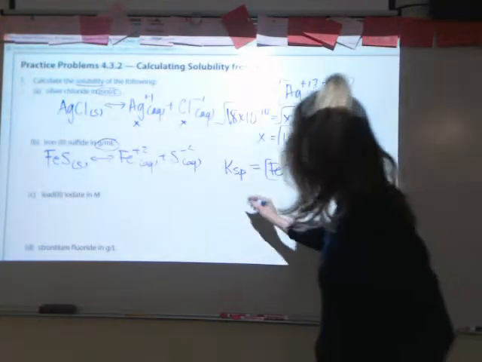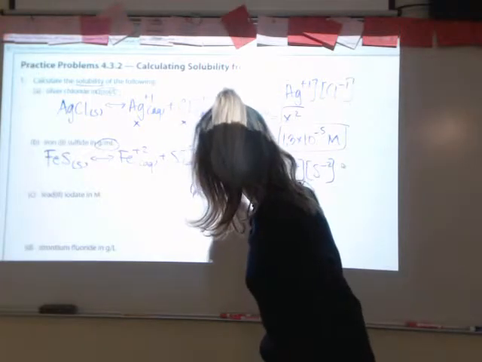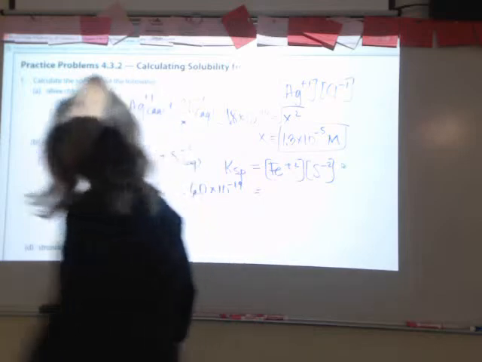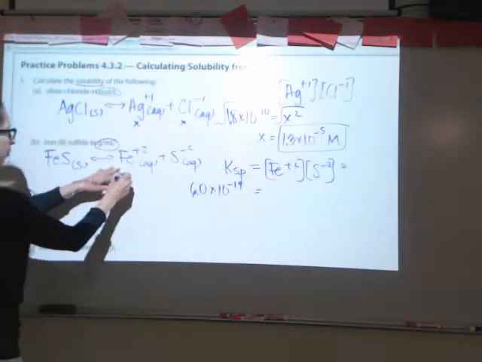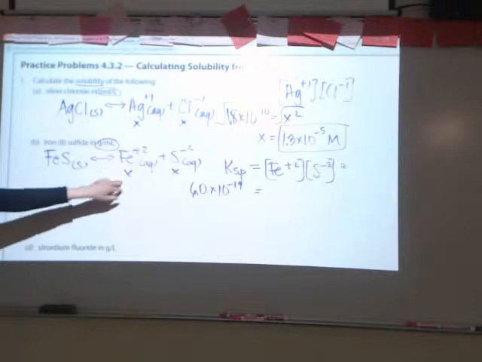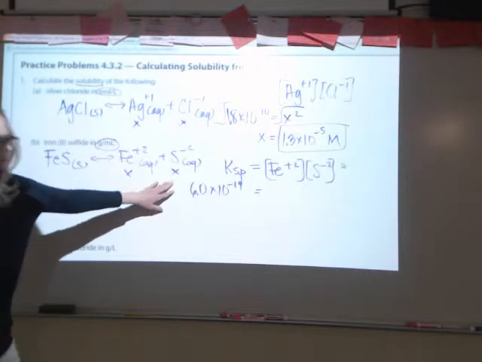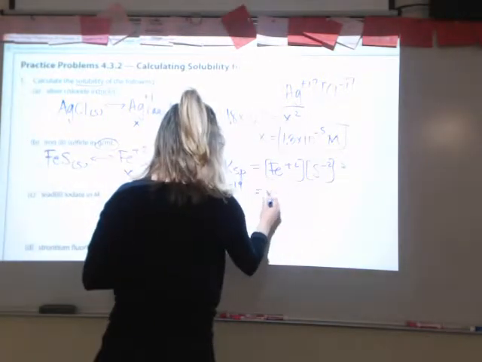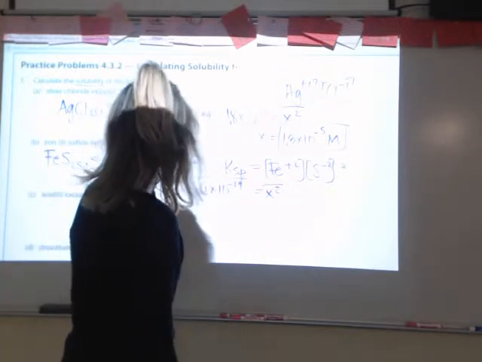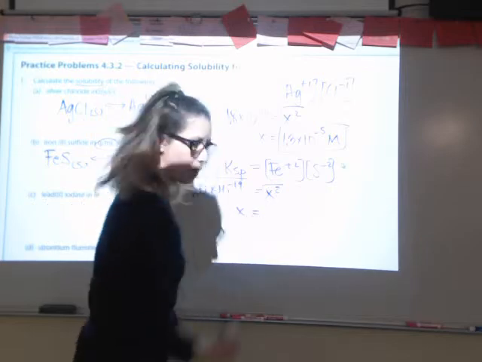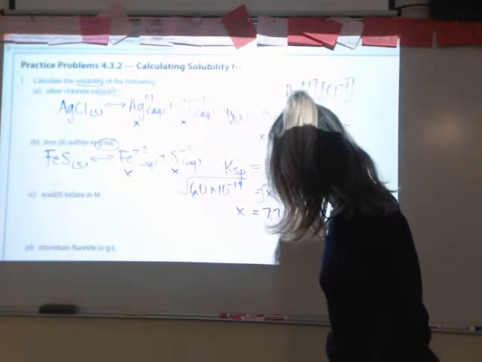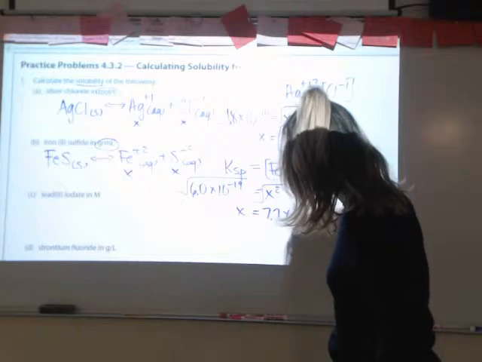It's 6.0 times 10 to the negative 19th. I have 2 ions. I'm going to substitute an X for their concentration, because their concentrations are going to be the same, right? This is X squared. Take the square root of both sides, and you're going to end up getting X is 7.7 times 10 to the negative 10th molarity.